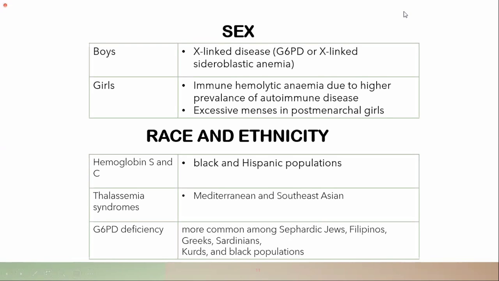The other one is lyonization. So lyonization is another concept, where usually only one X is prominent, but in lyonization, the mutant X gene is the one that is prominent and shows this G6PD deficiency phenomenon.